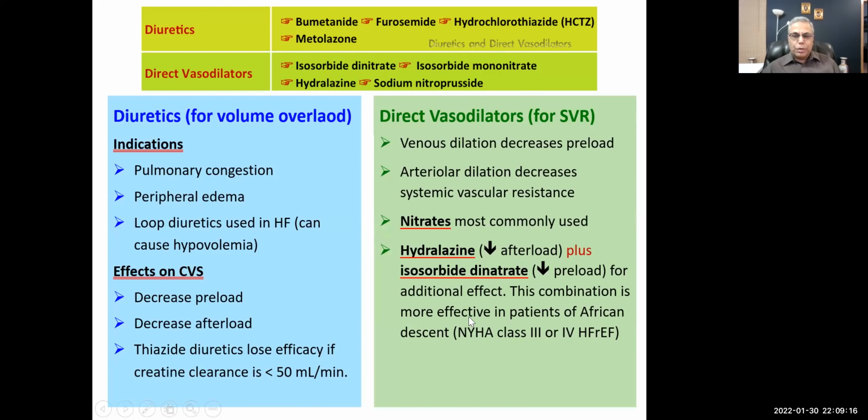This combination is more effective in patients of African descent, which we use in New York Heart Association class 3 heart failure with decreased or reduced ejection fraction. And calcium channel blockers should be avoided because they have a negative inotropic effect and they may exacerbate heart failure.